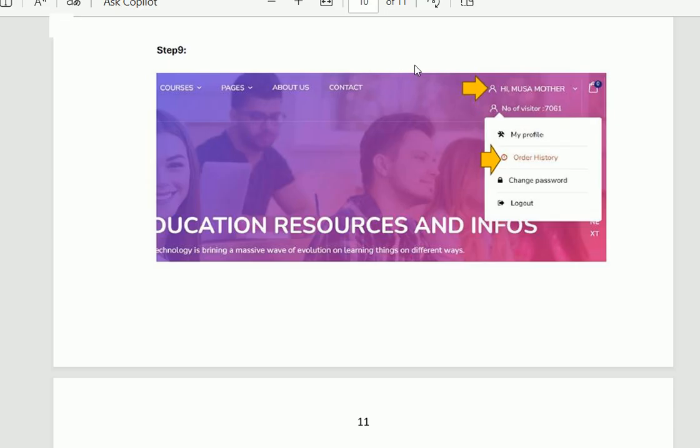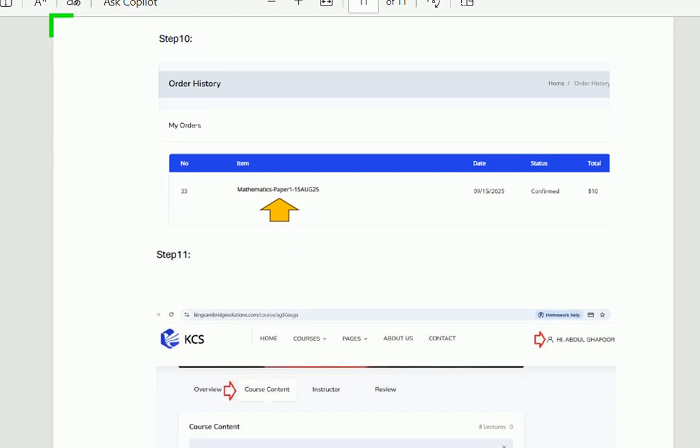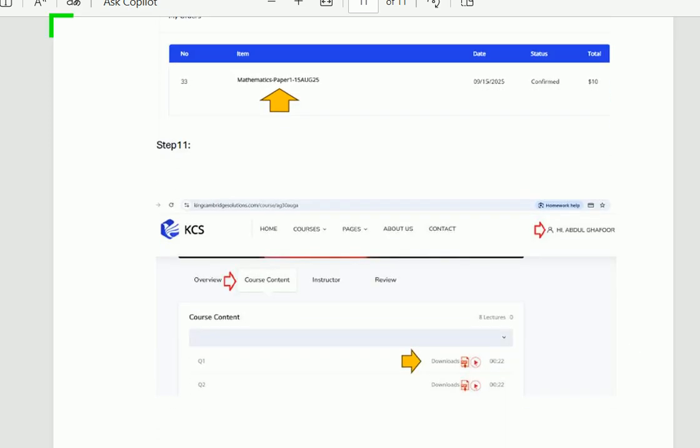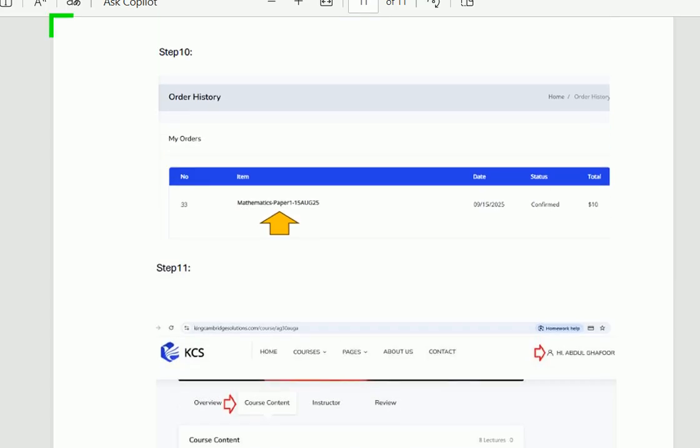From the top right corner, you will click the combo box. After that, you will see the link of the order history, about the courses that you have purchased on the website. When you click the order history, you will see the order that you have placed. This one, Mathematics P1.